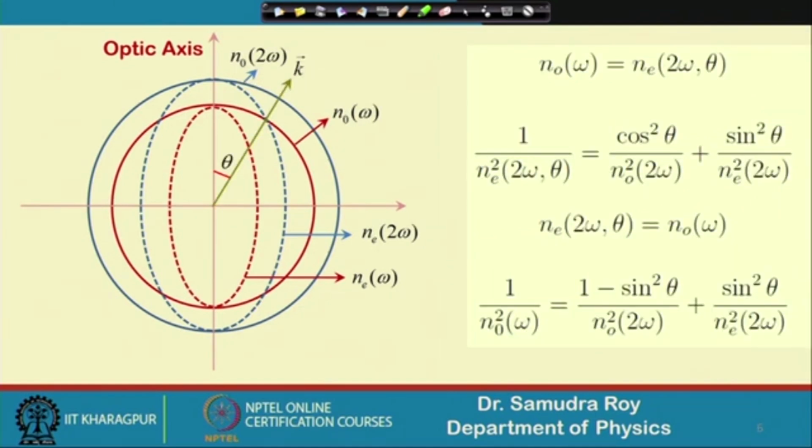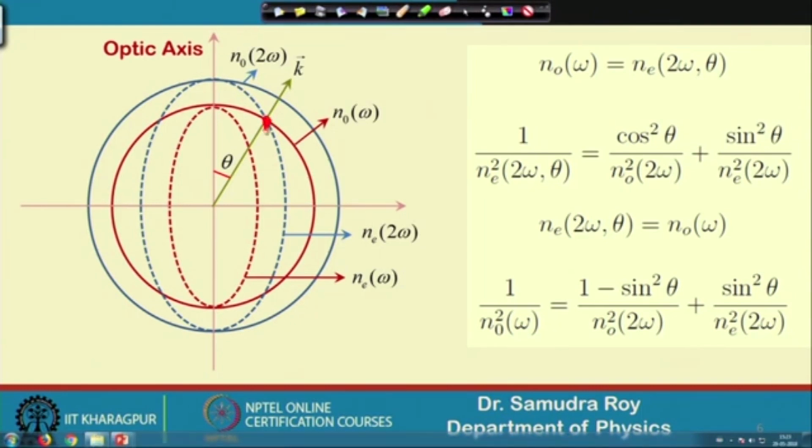Well, now the next thing is to calculate the value of this angle. We are saying that there is a matching of refractive index, but this matching will occur at a particular angle. If k is the launched wave, the direction of the wave, then it makes an angle theta for which we have the phase matching, or the matching of the refractive index.